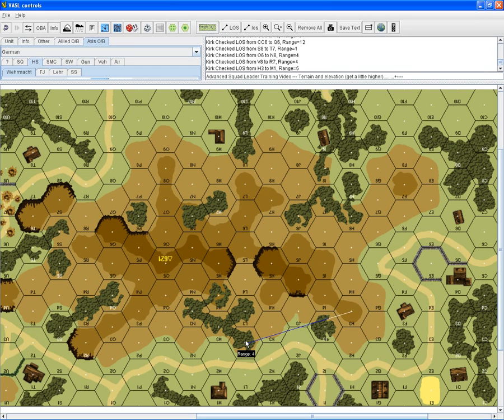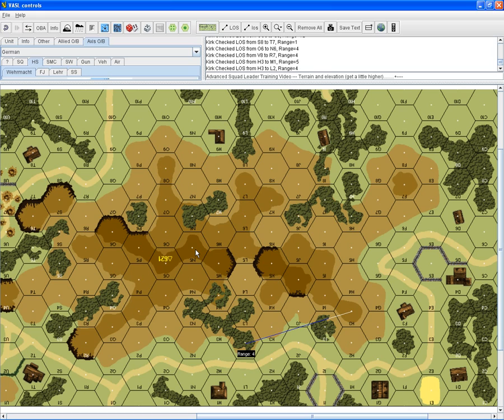Well, let's take a look. Nope. Again, this is a level 1 hill plus the actual woods, which is level 1, so this is a level 2. The medium brown is level 2, so it blocks his line of sight because he can't see down past it.